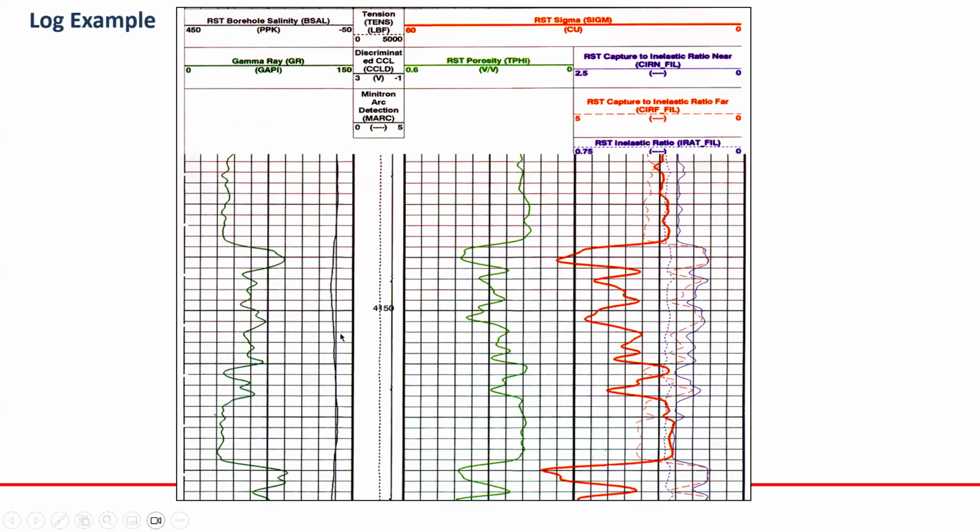And we have RST sigma, and we have near and far capture, and an inelastic ratio, and capture to inelastic ratio far. So near and far detectors from the sensors, right? RST capture, and this is far, and this is near, and this is the ratio of it.